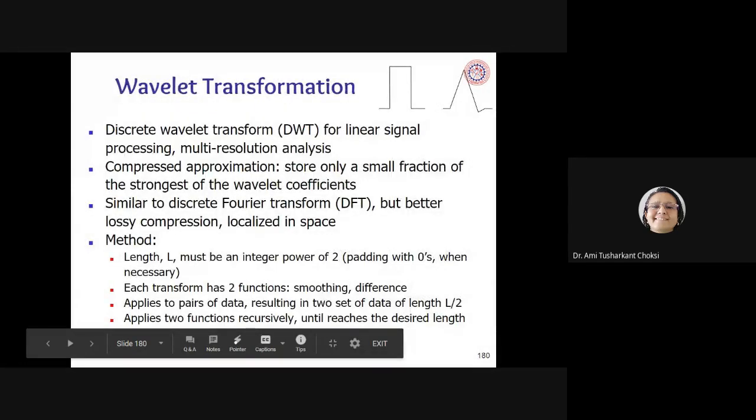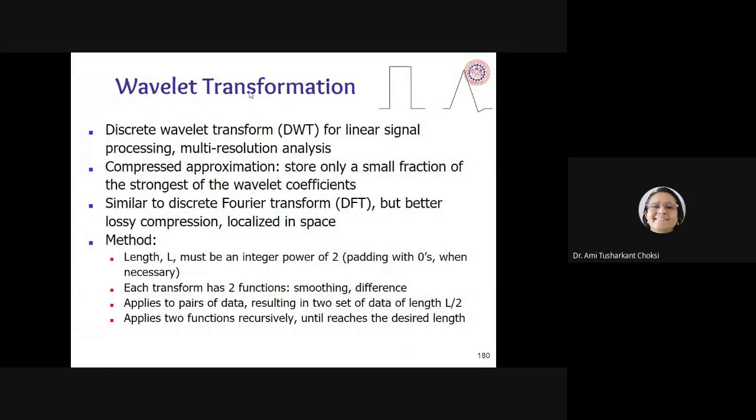So what do we consider for wavelet transform? Discrete wavelet transform for linear signal processing and multi-resolution analysis. For compressed approximation, it stores only a fraction of the strongest of the wavelet coefficients. For data cube aggregation, we took the summation.